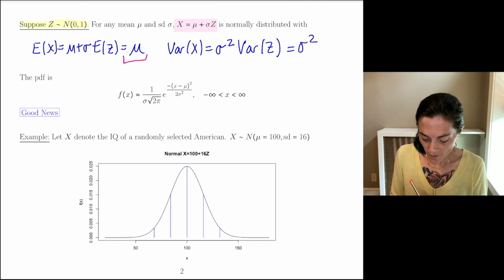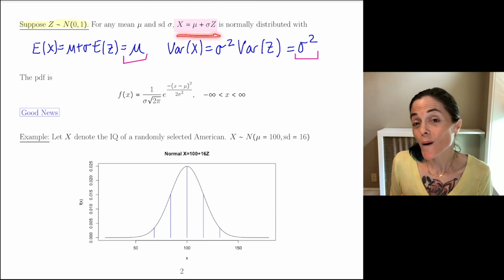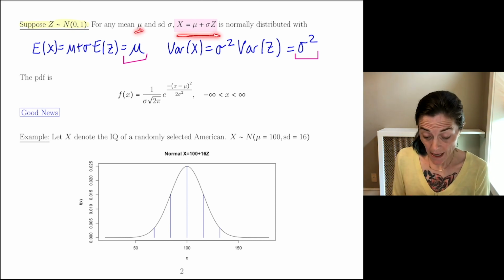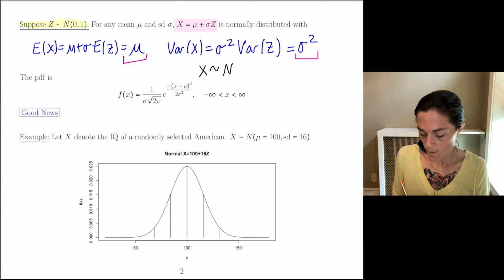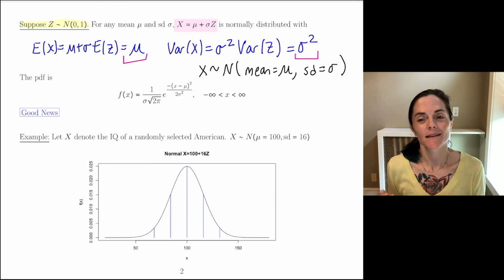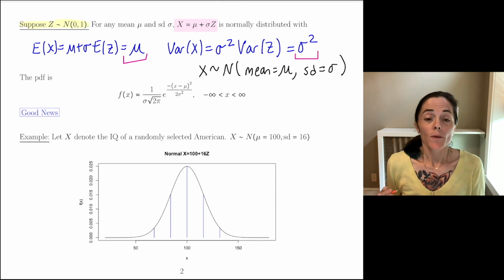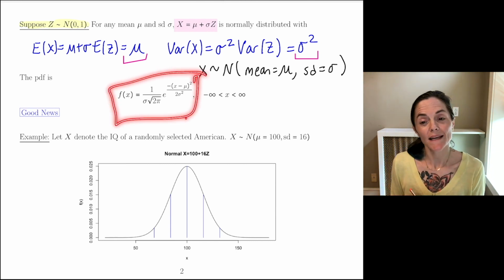So you see, by performing this linear transformation, we have a normal random variable with this mean and this standard deviation. And typically, we will write X is distributed as normal, where the mean is mu and the standard deviation is sigma, like this.